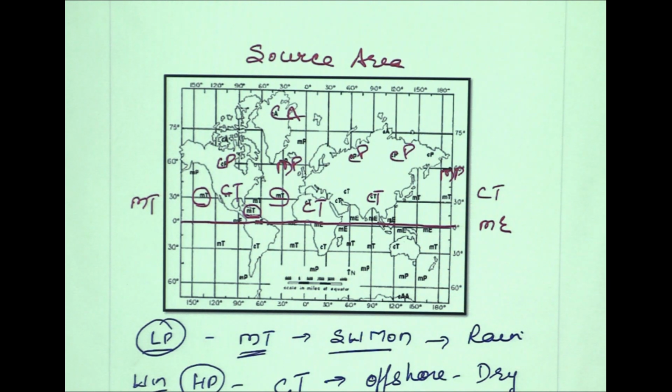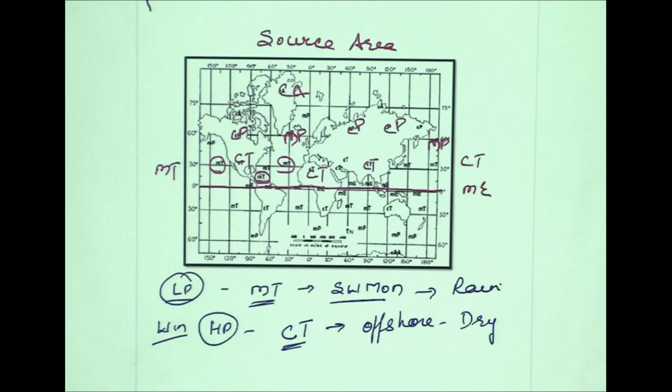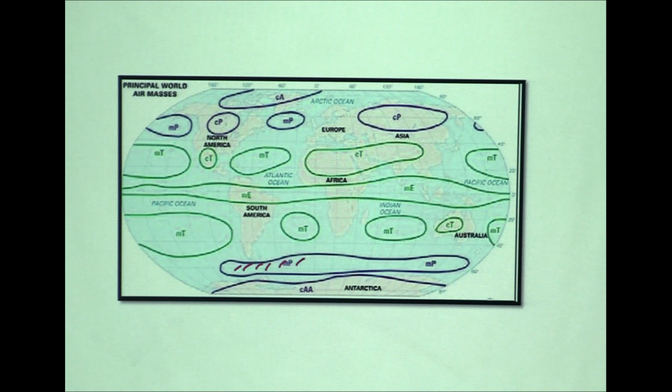So basically air masses are those three-dimensional masses of air that tend to move in relation to each other in the influence of planetary winds, and that tends to create the weather effectivity. See this diagram? Maritime polar air mass southern hemisphere, maritime polar air mass northern hemisphere.